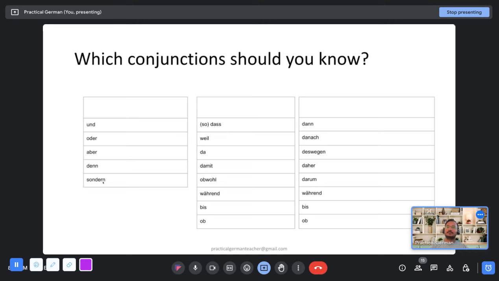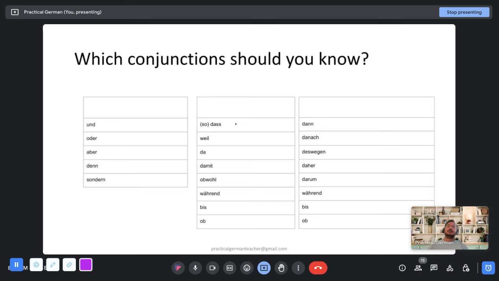Okay, let's talk. Please read this column as well. Dass, weil, da, damit, obwohl, während, bis, ob. Meanings.